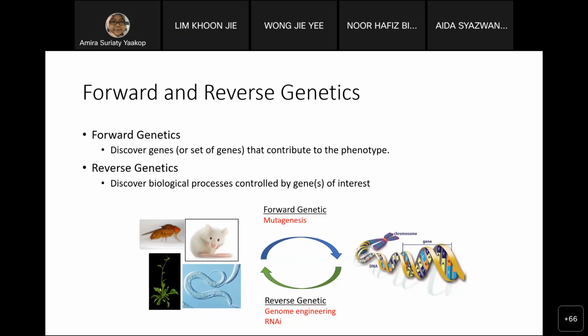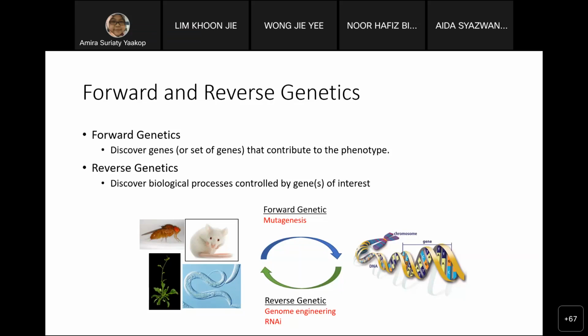Alright, so there are two types of genetics that we're going to learn. One we call forward genetics, another one is reverse genetics. So what is forward and what is reverse? Forward is when you discover the gene that contributes to the phenotype, meaning you start from the gene, then you observe the phenotype changes.